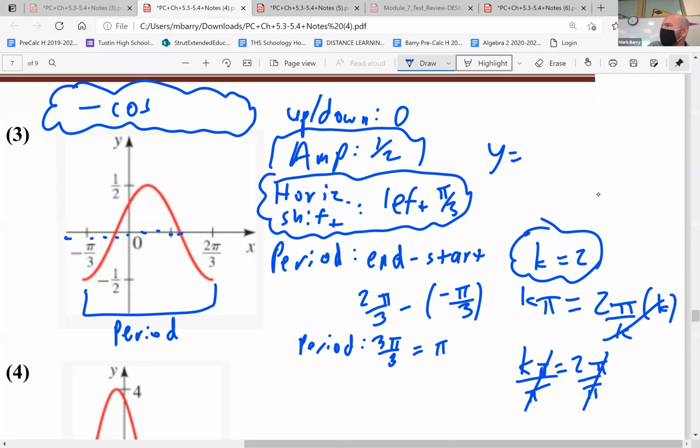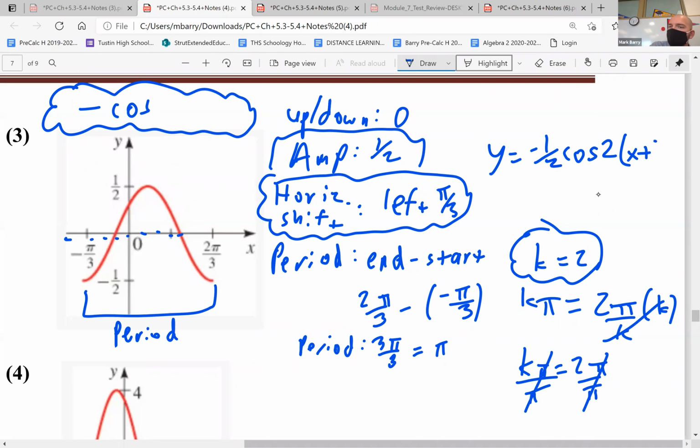All right, so I get y equals negative 1/2. Even though the amplitude is positive 1/2, I have to put negative because we said this was a negative cosine graph. So I'm going to put cosine. Now, when you have a k value with a horizontal shift, you always put the k value, then open up the parentheses, then put your shift.